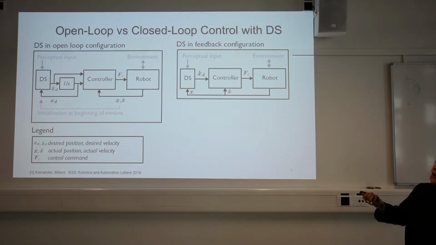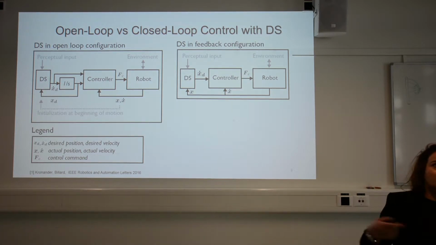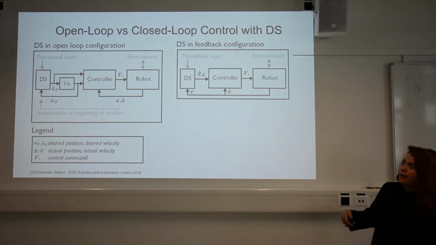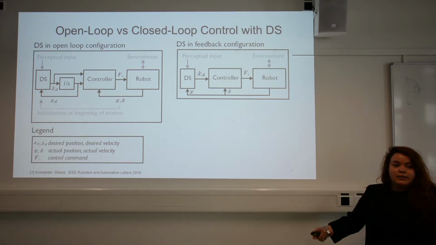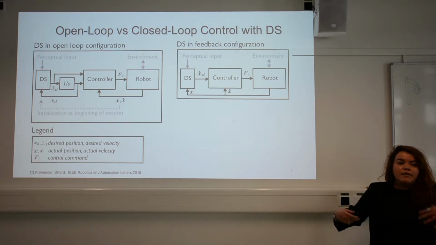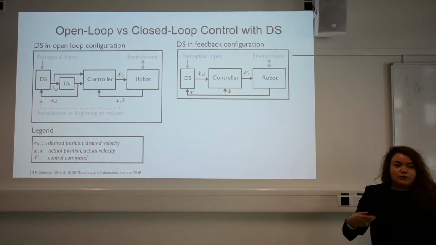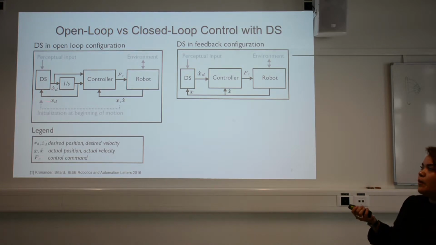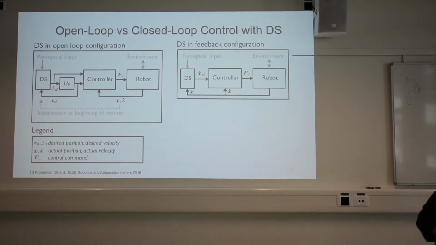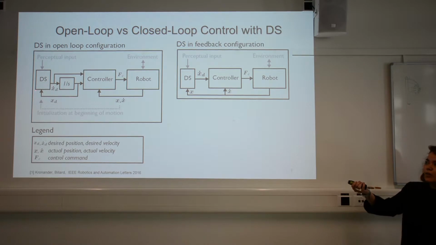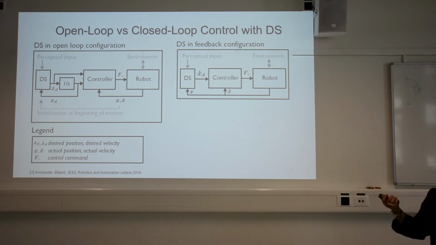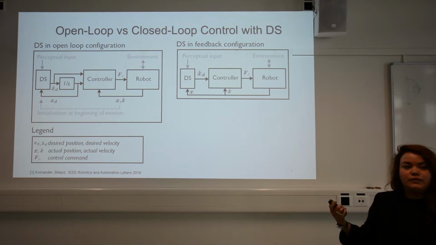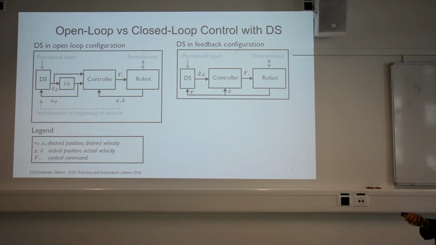When we have this type of architecture and we have, for example, perturbations in the target or in the environment, which are external to the robot, then the dynamical system still is able to provide robustness to all of these changes. But if we have, for example, perturbations on the robot arm itself, since we're not feeding back the state of the robot to the dynamical system, it is not capable of being robust to these types of perturbations.